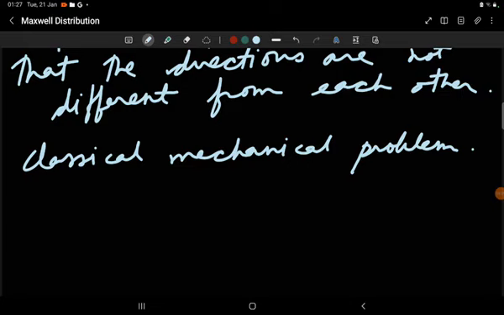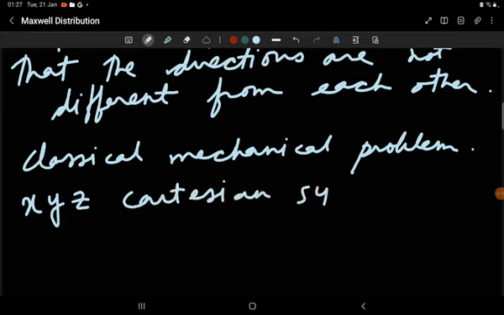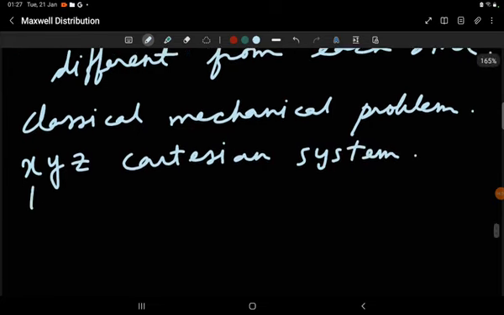you must realize that the particle is traveling in a 3D space, and if it is traveling in a 3D space, it obviously has three components of velocity. It is traveling in our famous xyz Cartesian system, right? And thus it has three components of velocity, vx, vy, and vz.